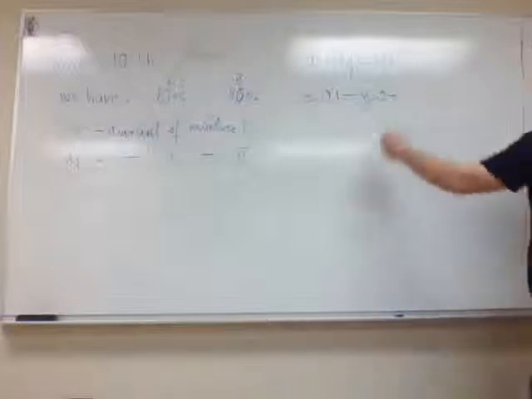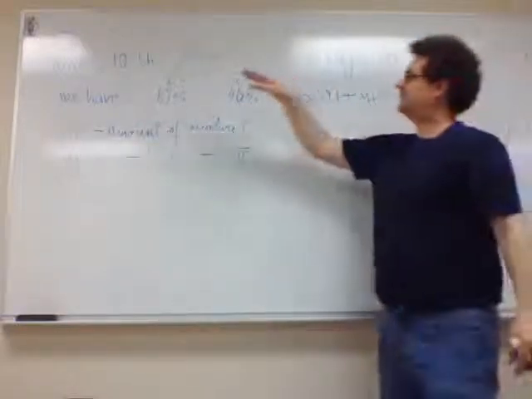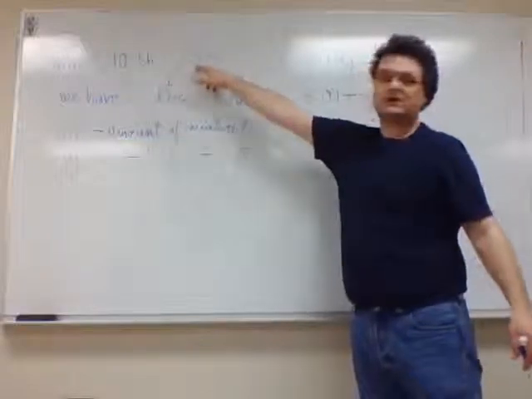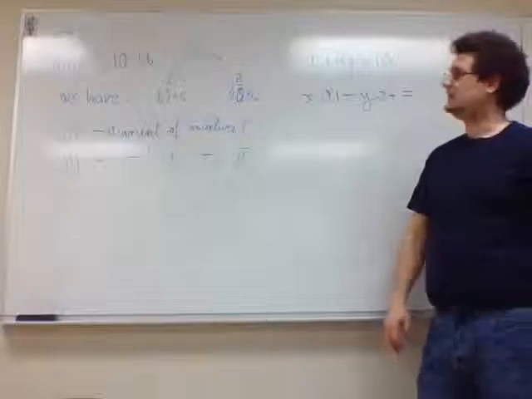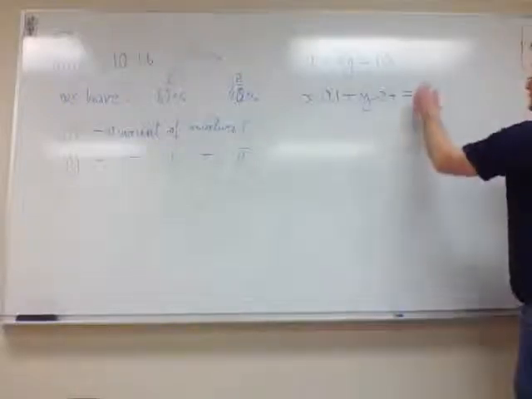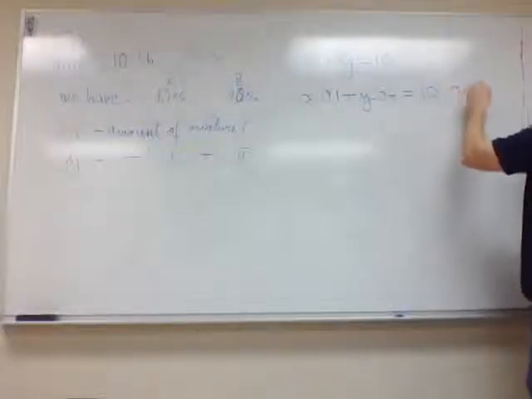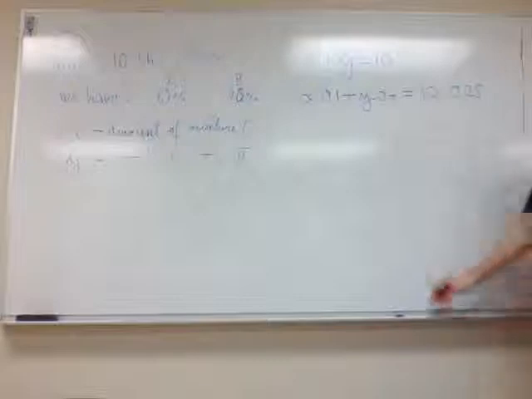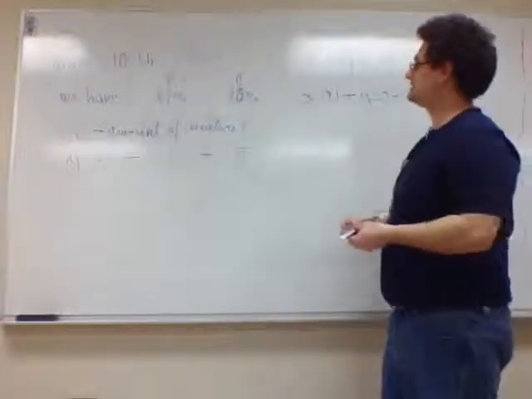So in other words, you want to have 10 times 0.25 to be your amount of peanuts in that 10-pound mixture. So you want this to be equal to 10 times 0.25, okay?